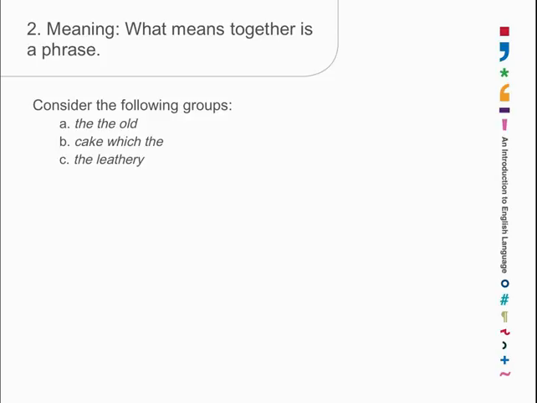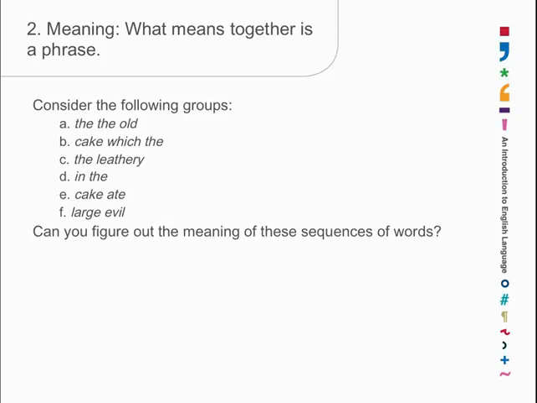The leathery isn't meaningful unless perhaps you set up a new bar and call it the leathery, then suddenly it becomes meaningful and it also becomes a phrase. In the cake ate, terrible. Large evil. You can't figure out the meaning of these sequences, although things sometimes come in that order.